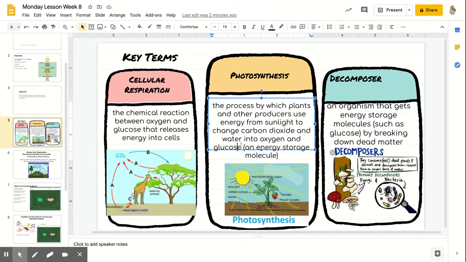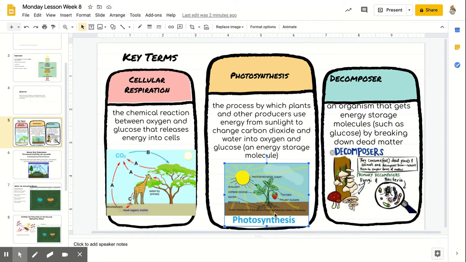And remember that glucose is one of our energy storage molecules we've been talking about. And then we have our nice diagram of photosynthesis here, where we can see water, carbon dioxide, and sunlight all going into our plant, or producer. And then it's giving off oxygen and sugars, which is glucose, our energy storage molecule.